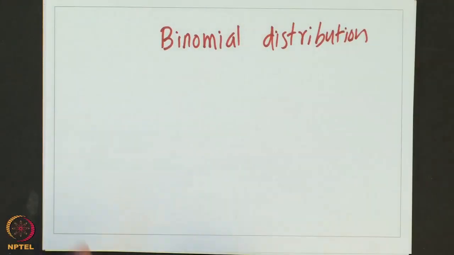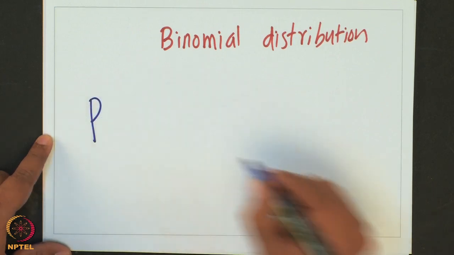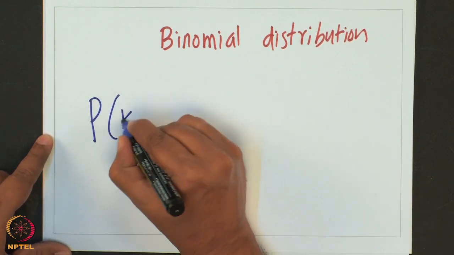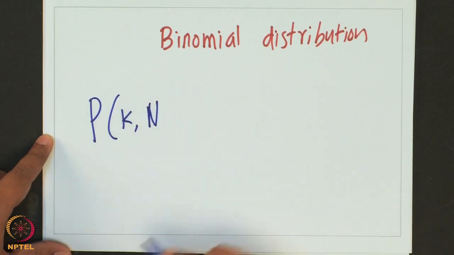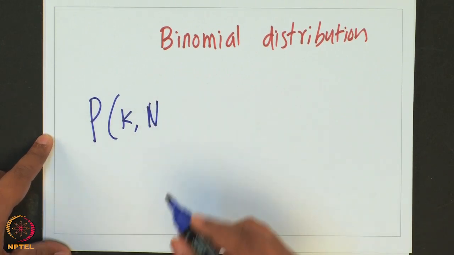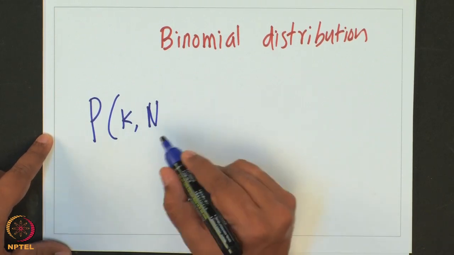So the probability of getting k yes answers, given there are n individuals answering this, or there are n cells. So n is the total number of cells we have.